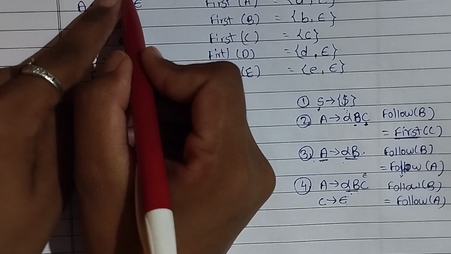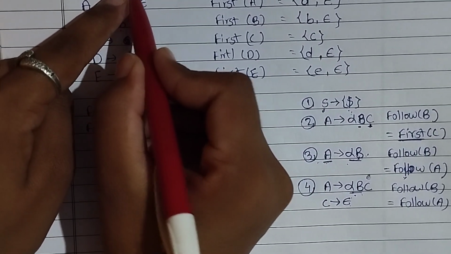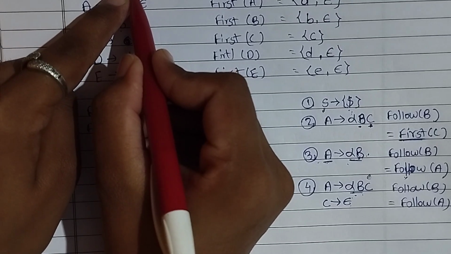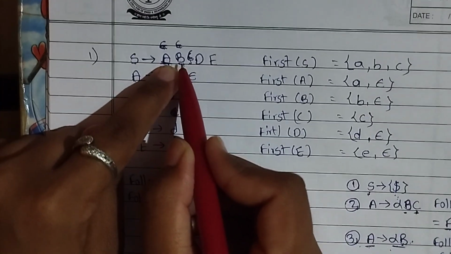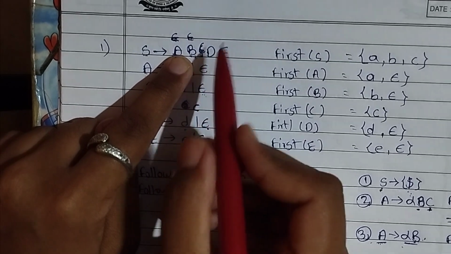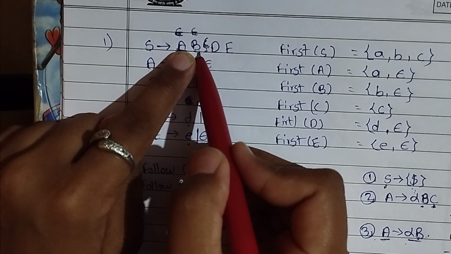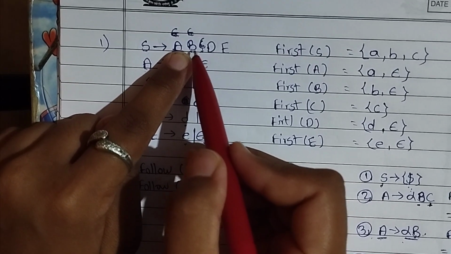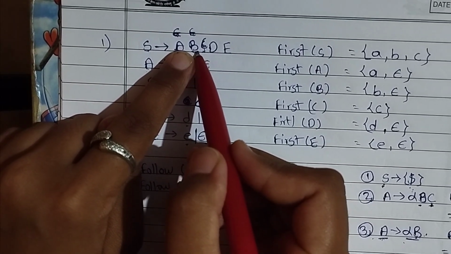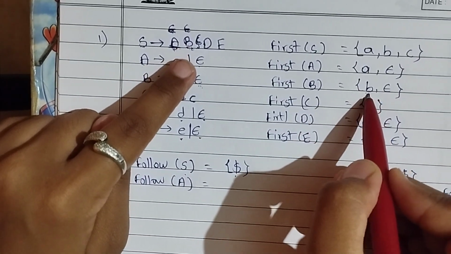So if a non-terminal is followed by a non-terminal, then we find out the first of the non-terminal. Here A is followed by B, and B is the non-terminal. So we find out first of B.